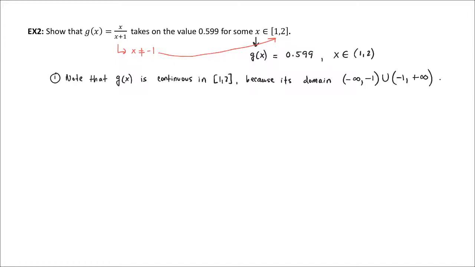So pretty much what we are saying here is that -1 is the only problem. Any other value of x will be fine with the function. So we have continuity in the closed interval [1, 2].